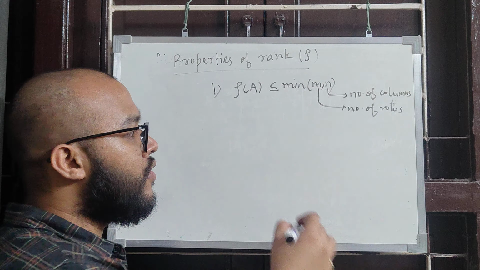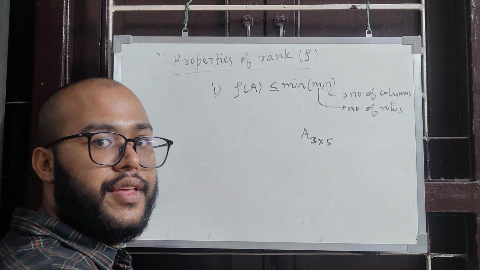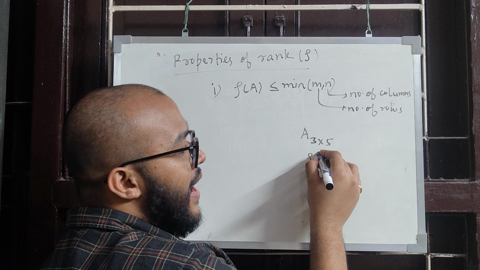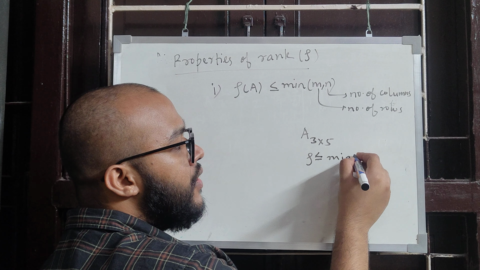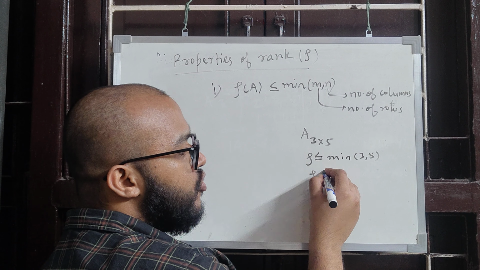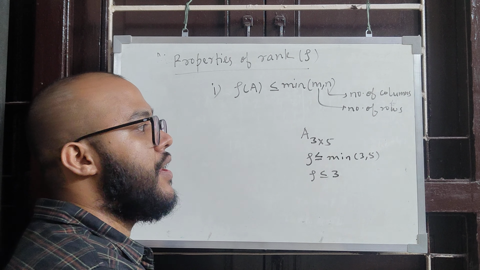Suppose A is a 3 cross 5 matrix. Then rank will be less than or equal to the minimum of 3, 5. Minimum of 3, 5 is 3. So rank will always be less than or equal to 3. Okay, this is the first property.